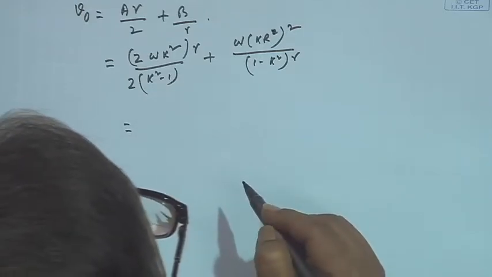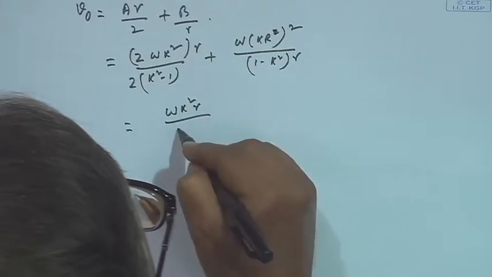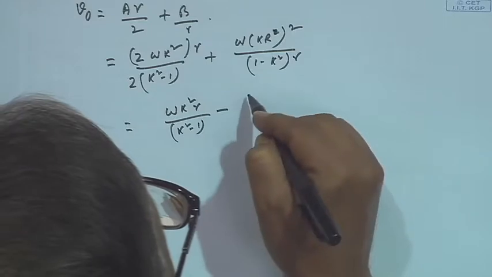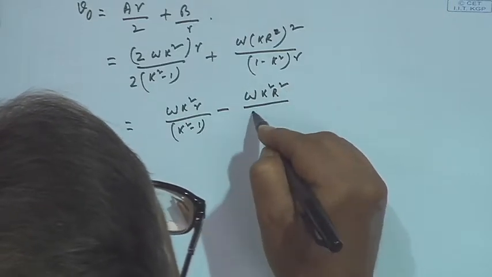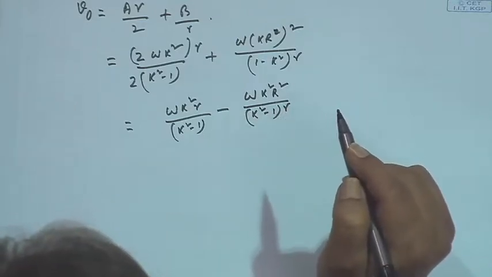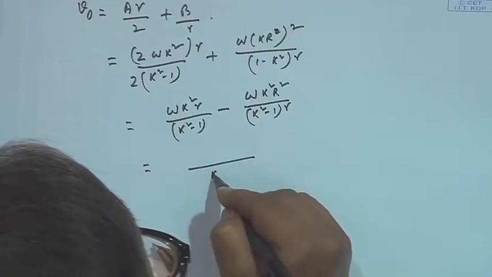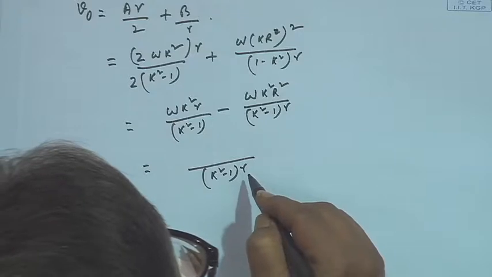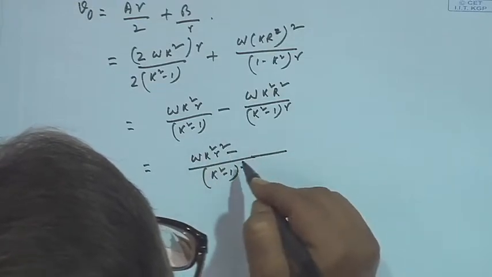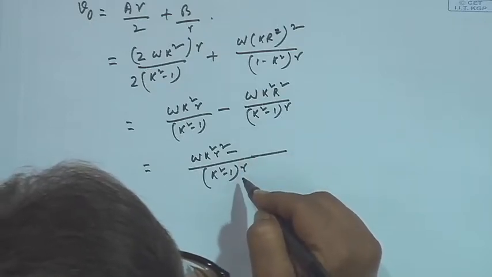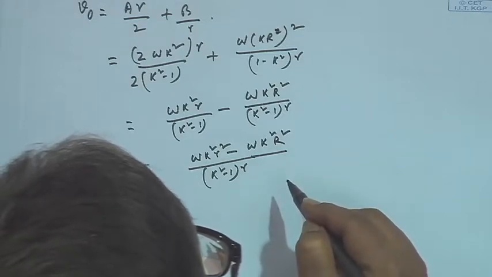Now on further simplification, we can write this 2 goes out as omega K square R divided by K square minus 1, right, minus omega K square R square divided by K square minus 1 into R. On further simplification, we can write in the denominator K square minus 1 into R. So this becomes omega K square R square minus omega K square R square, right.